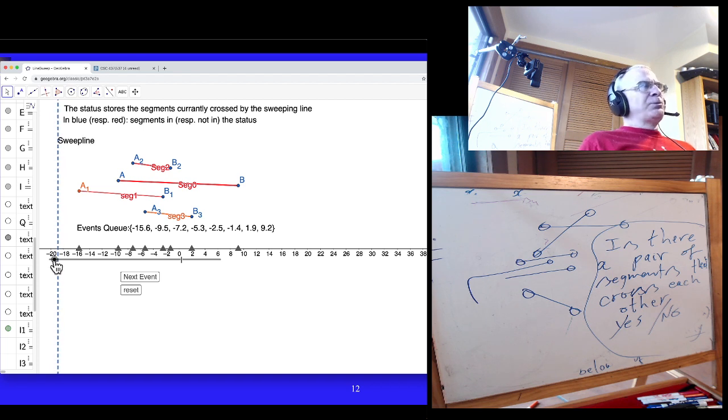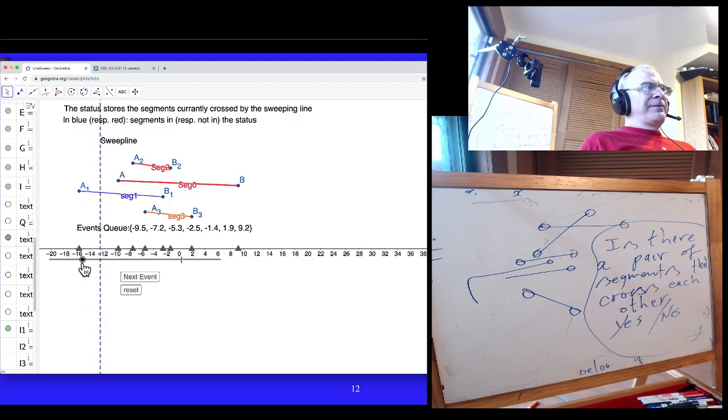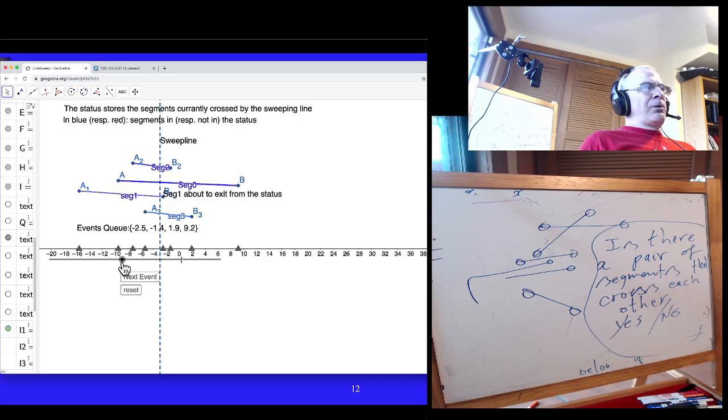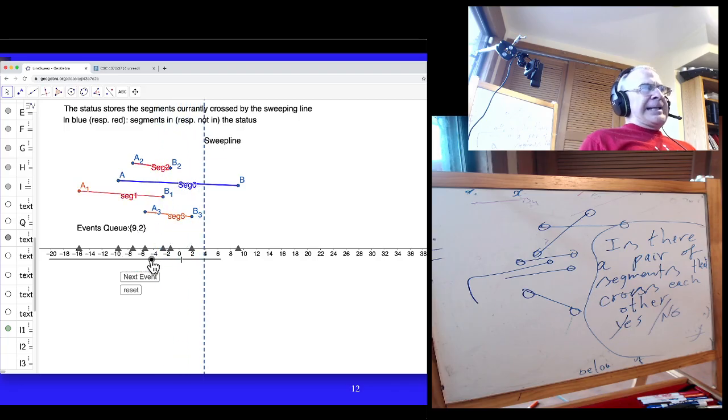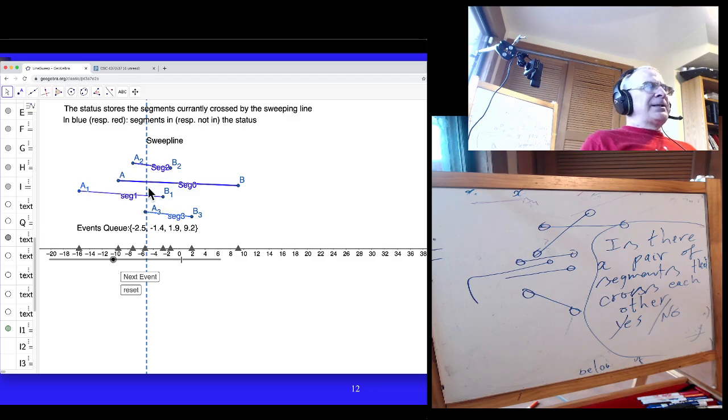I'm going to move a line all the way from left to right, and this line slowly moves among the segments. At every moment in time, this line needs to know about the status.